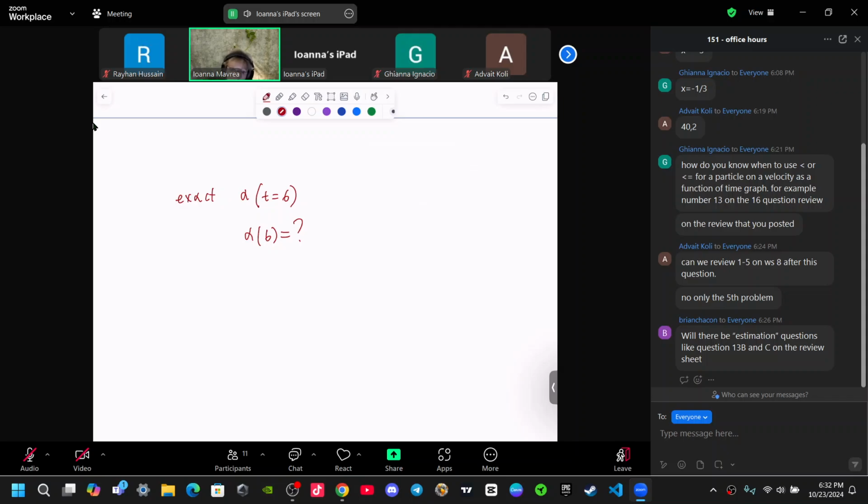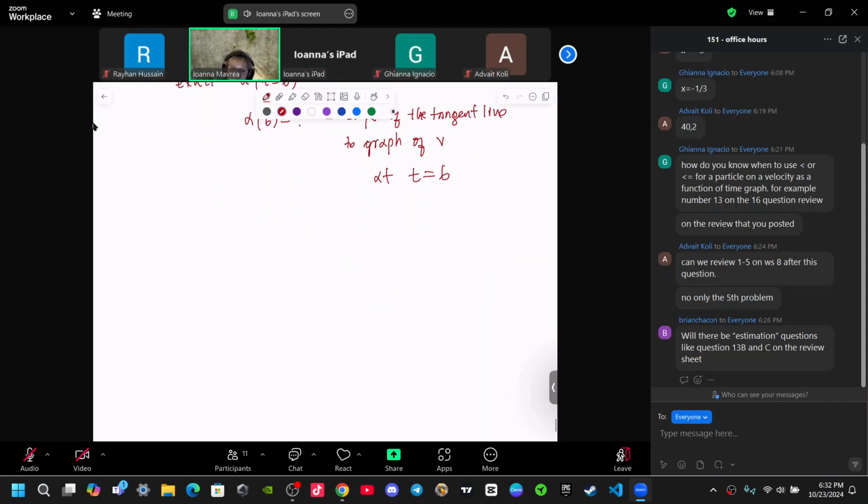So they're asking you what this is equal to exactly. All right, so acceleration is the slope. So they're asking you to find the slope of the tangent line to the graph of velocity at t equals 6. So you go to the graph at t equals 6, and it looks like this.